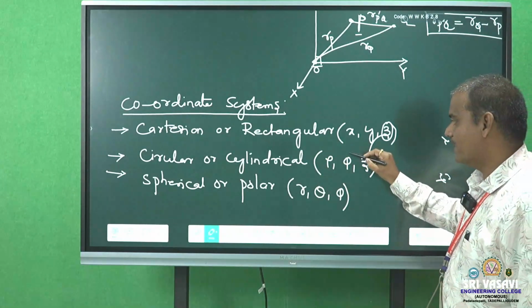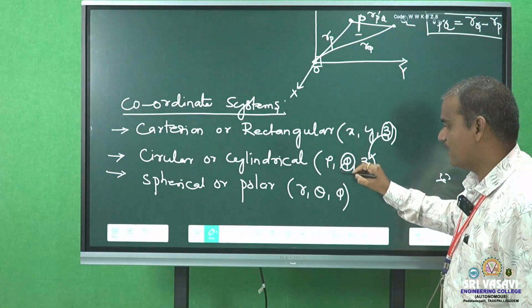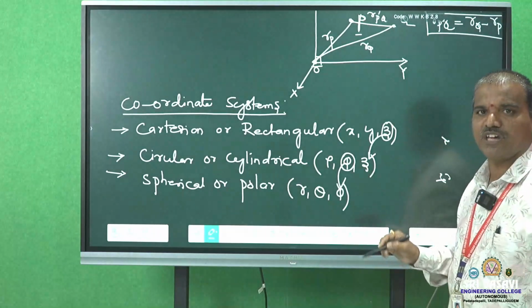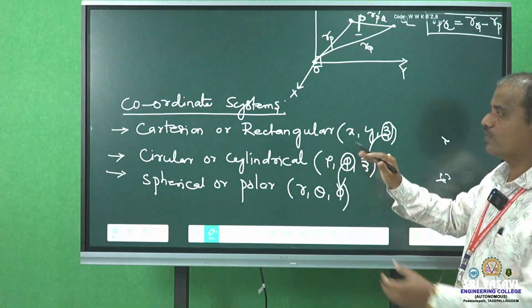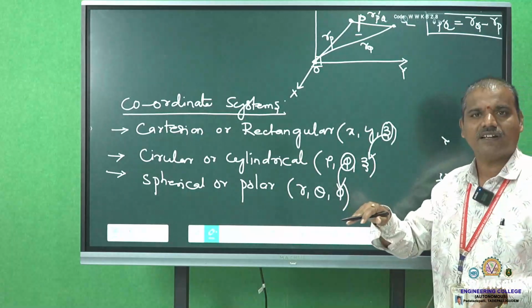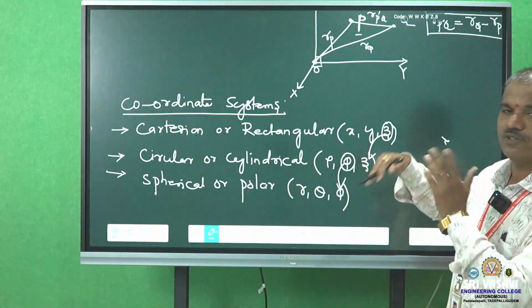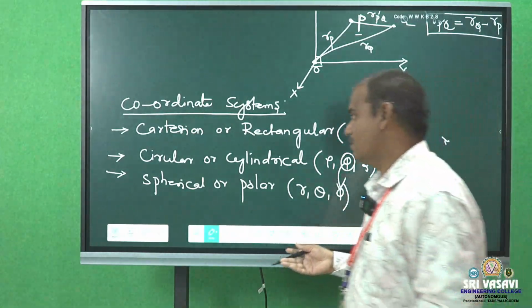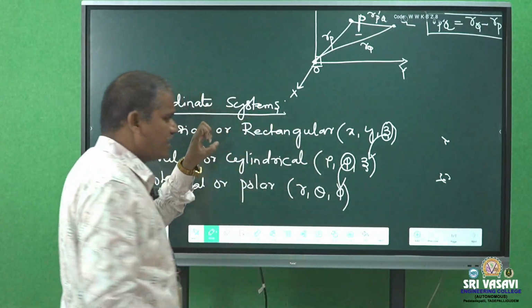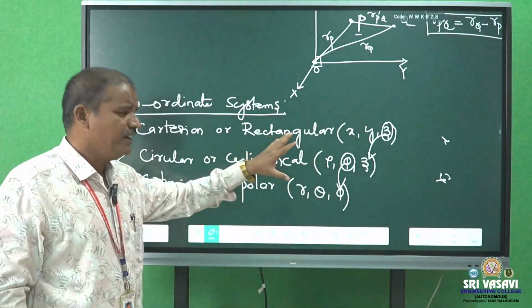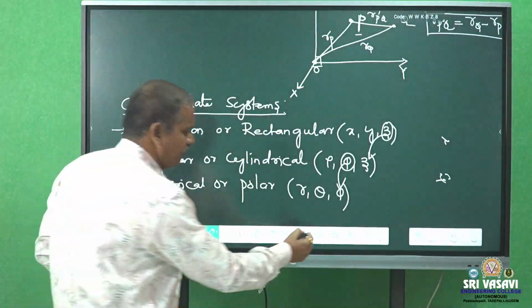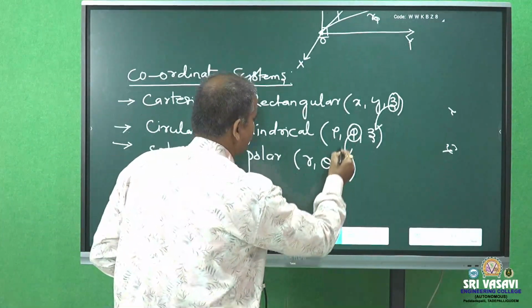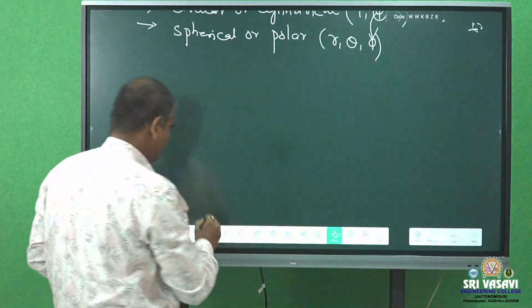Next, phi is a variable of circular which is repeated in spherical. So therefore, each and every coordinate system is interrelated. So we have to convert Cartesian to circular, circular to spherical, spherical to Cartesian. So these are all the coordinate systems used to describe different types of applications like length, surface and volume.